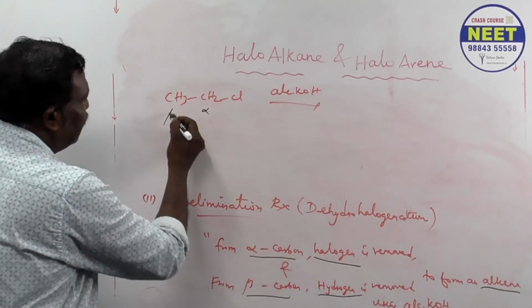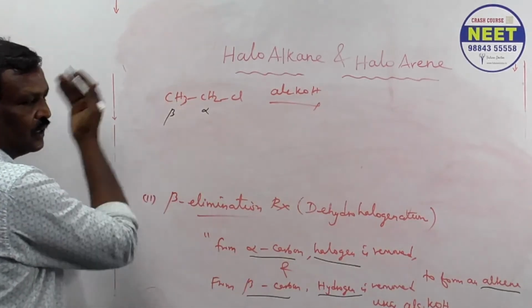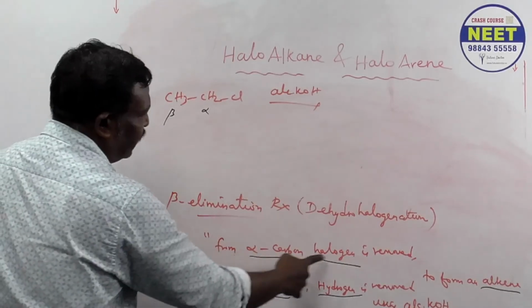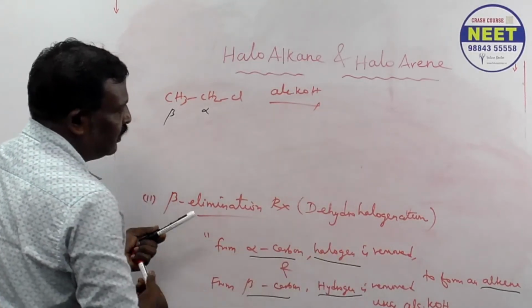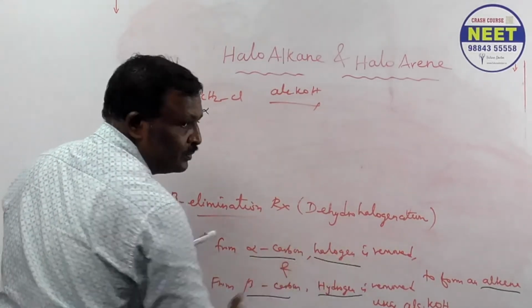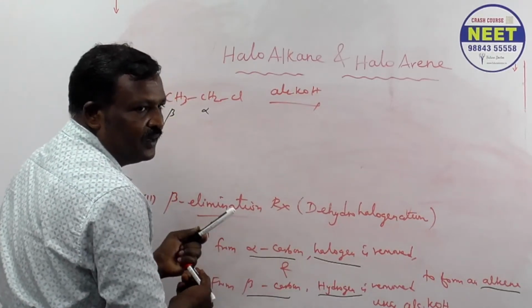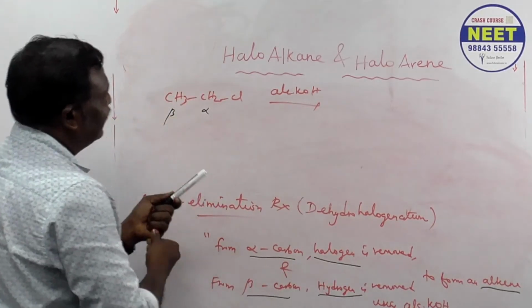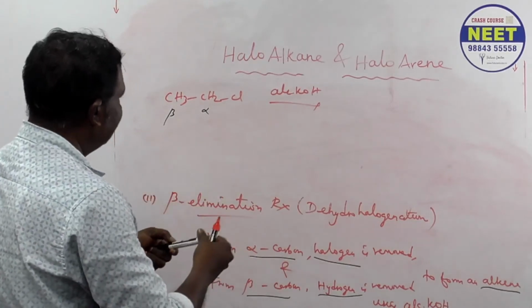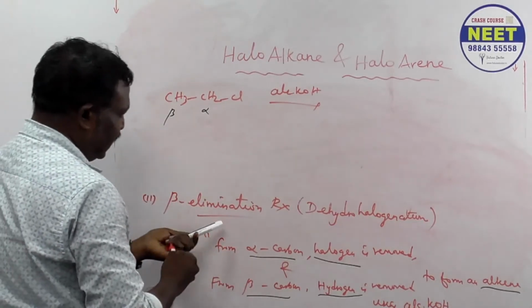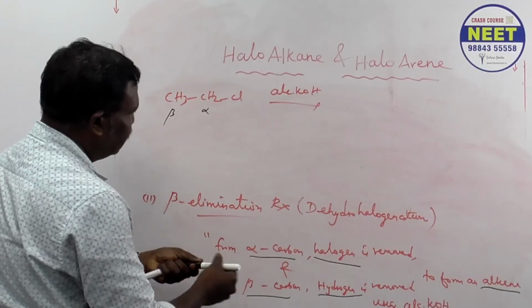It goes on, alpha, beta, gamma. Okay. From alpha carbon, halogen is removed. Okay.